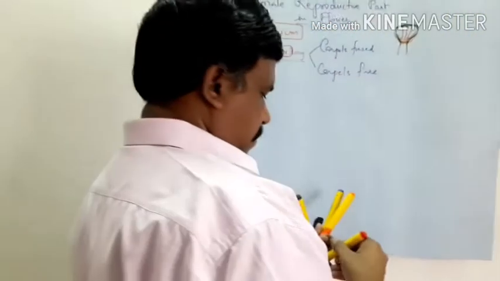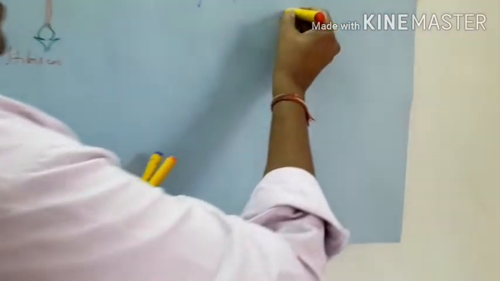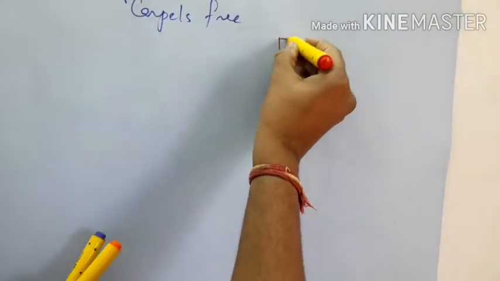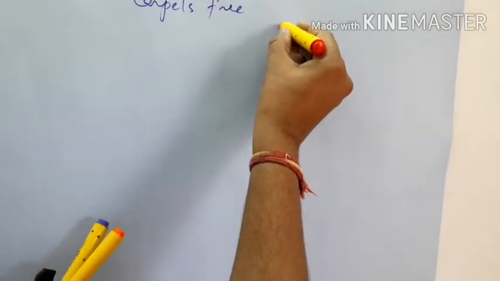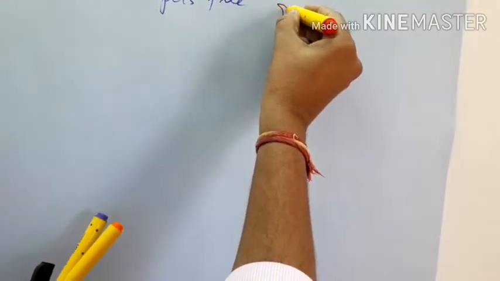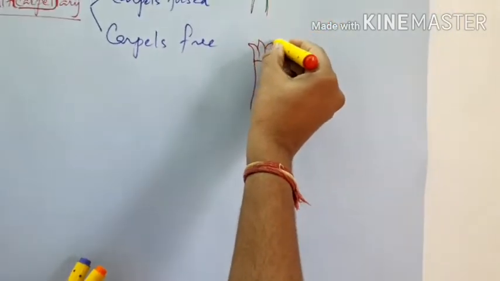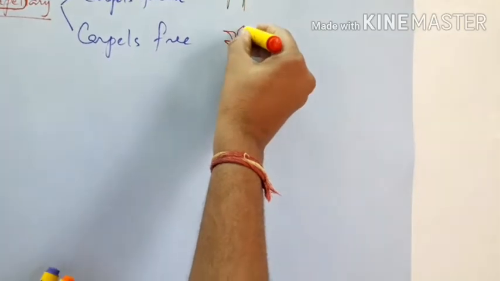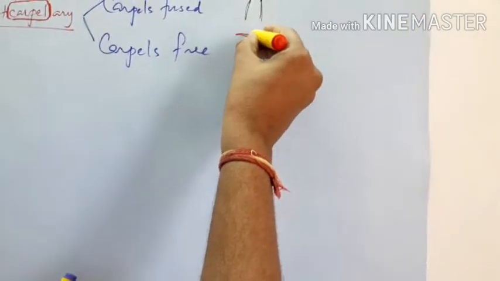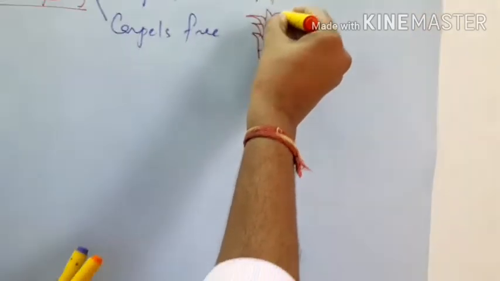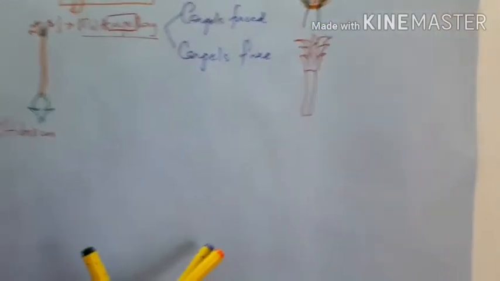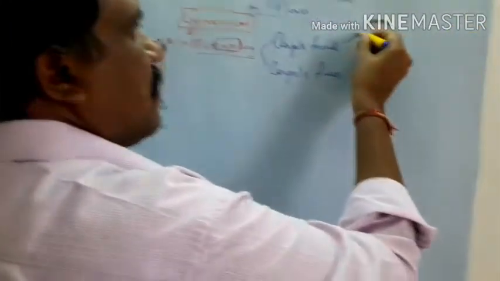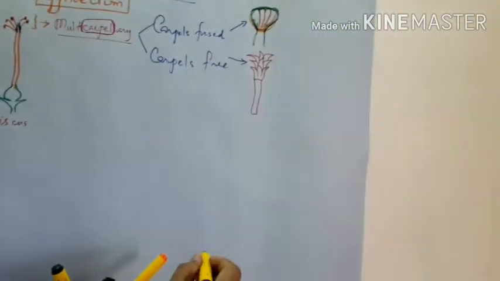If it is free, as you see in this case, if it is free like this, see, they are free. Carpels are fused here, as you see in this case, and they are free here.